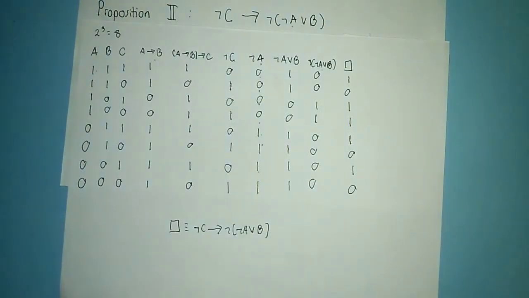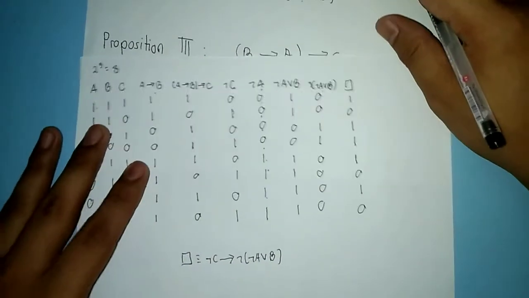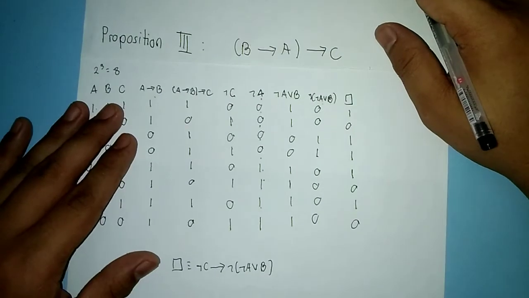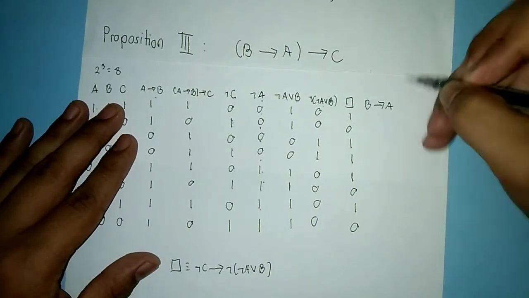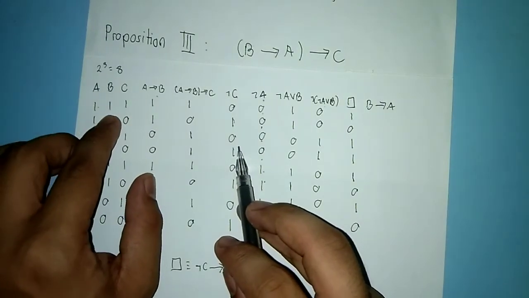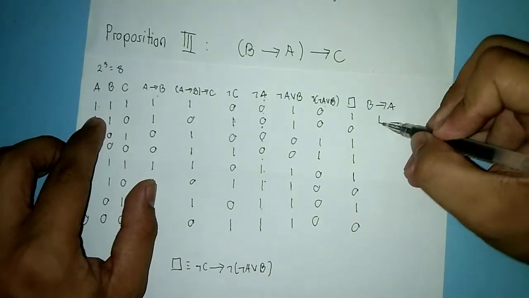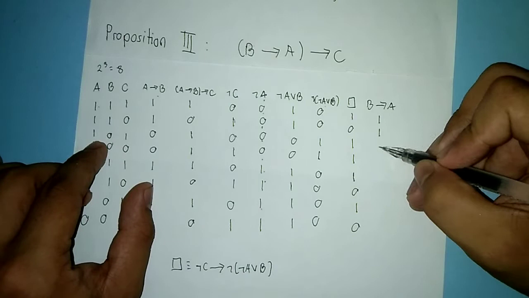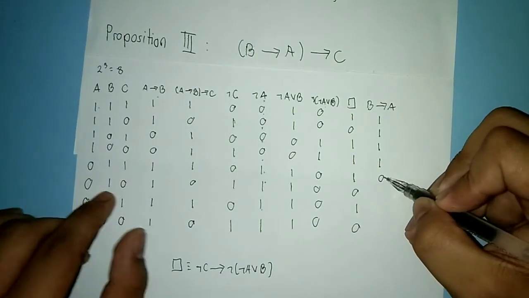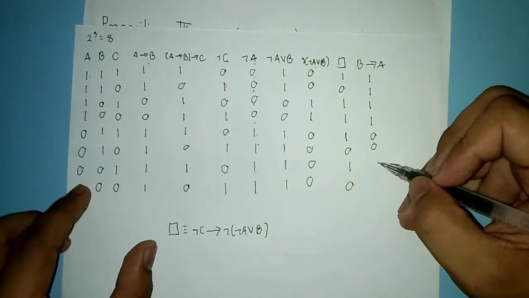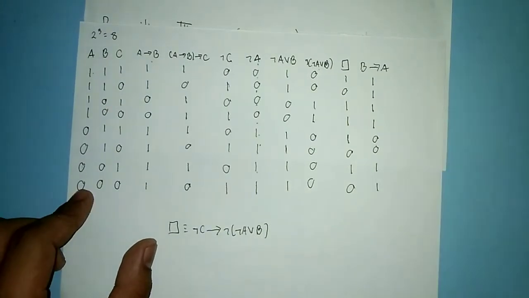So next, the third proposition, let's have B implies A. So B implies A: 1 implies 1, 1 implies 1, 0 implies 1, 0 implies 1, 1 implies 0, 1 implies 0, 0 implies 0, 0 implies 0.